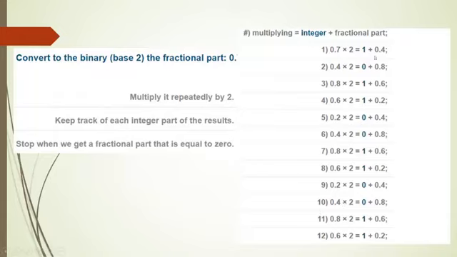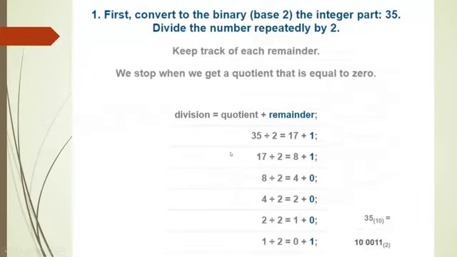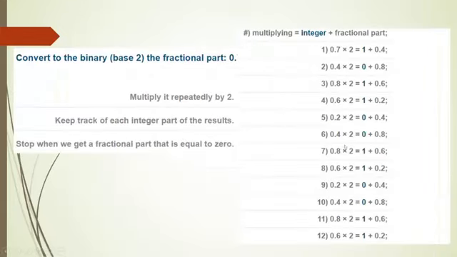In the previous one we took the remainders from bottom to up. Here we are going to take from top to bottom for the decimal part. So now we represent 0.7 as a decimal point followed by 1011 0011 0011 and so on.